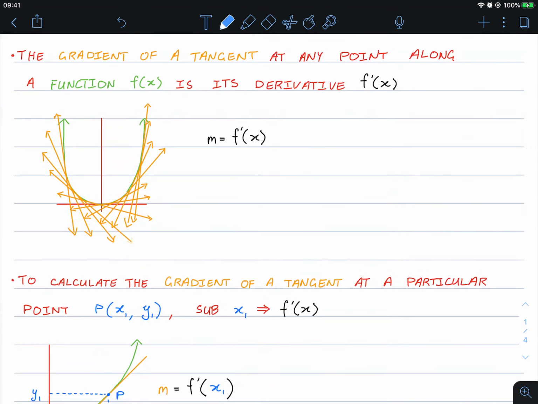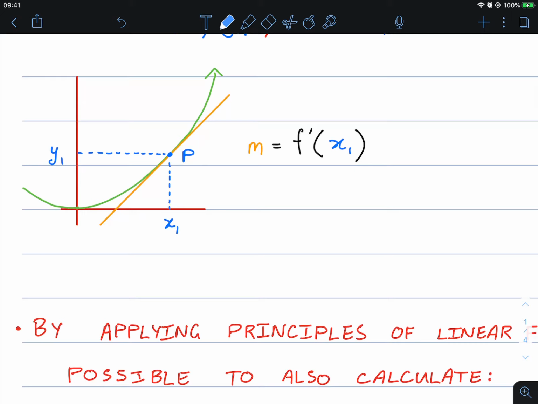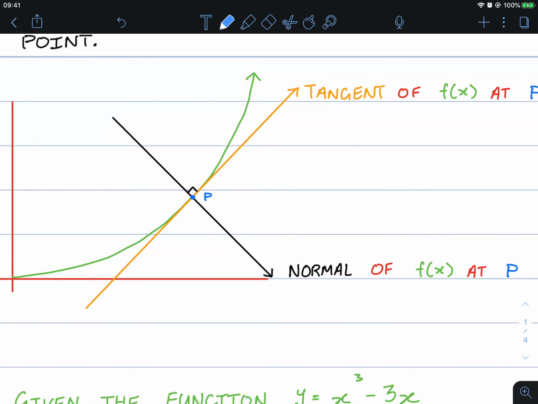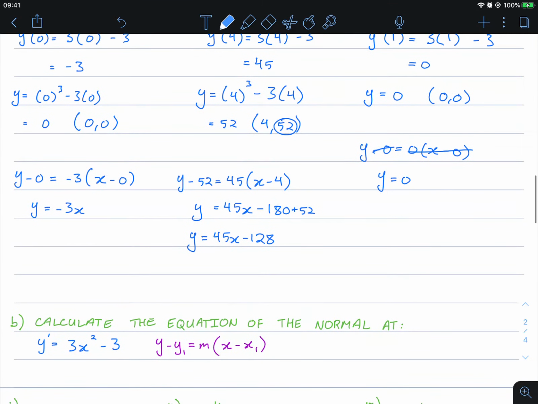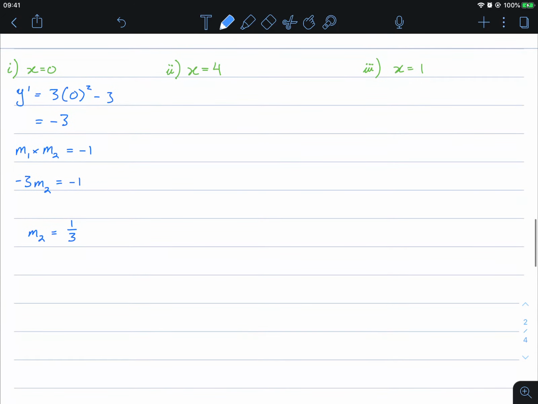Just to illustrate this, let's go back here. The coordinates of the tangent, actually no, let's use this one. The coordinates of the tangent are P, x1, y1. But notice how this also intercepts the same point. So we can just utilize the same points that we found in the previous example. So the coordinates we're going to use are 0, 0.